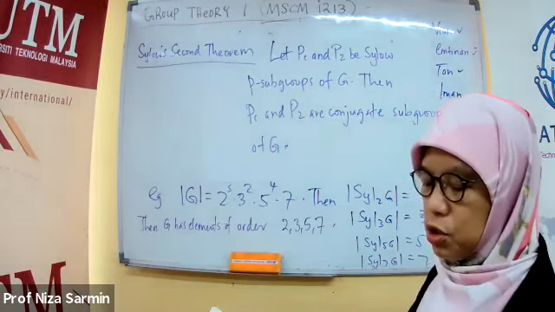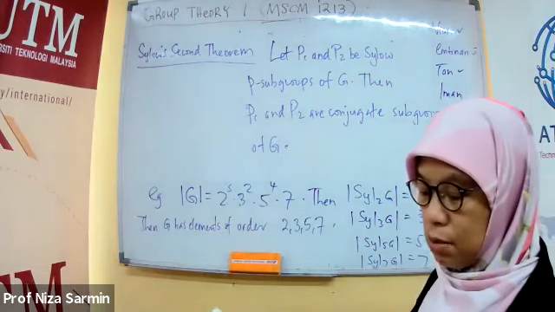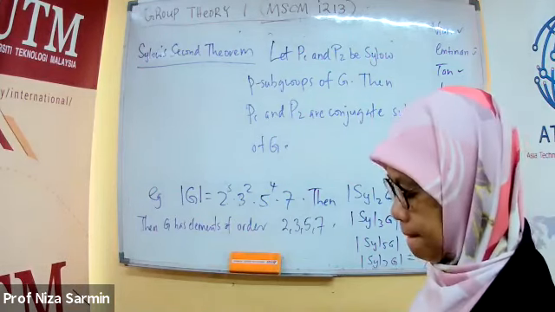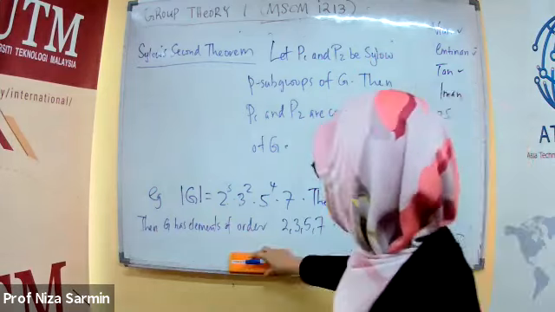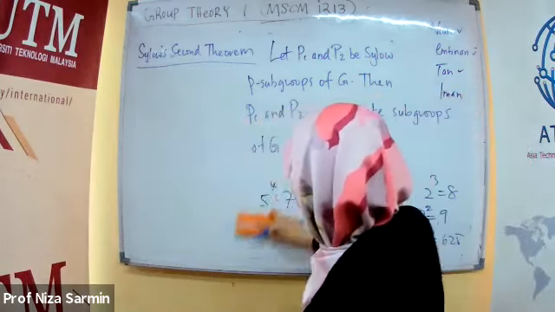Okay, can you also read the definition of conjugate subgroups? Definition: if H and K are both subgroups of a finite group G, then we say H is a conjugate of K if there exists an element x of G such that H equals x inverse Kx.